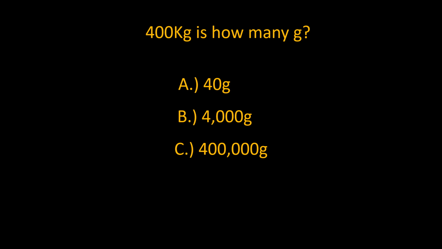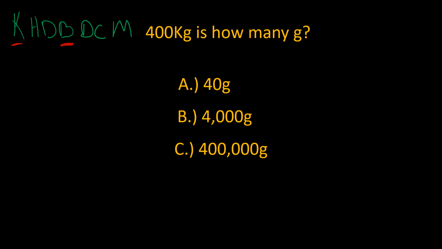So let's talk about it. We have the mnemonic device, King Henry died by drinking chocolate milk. If we're at kilograms, we're over here, and we want to go to grams, which is our base unit, over here. If you notice, I have to go over 1, 2, 3 spaces to the right.